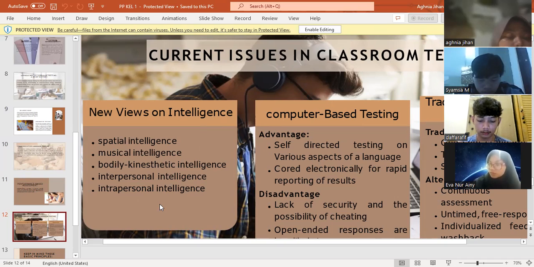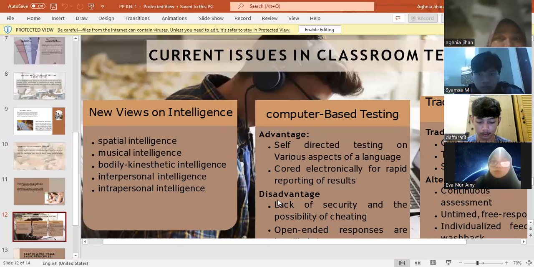Spatial intelligence, the ability to find your way around the environment and to form mental images of reality. Second, musical intelligence, the ability to perceive and create pitch and rhythmic patterns. Body kinesthetic intelligence, fine motor movements, athletic powers. Next, interpersonal intelligence, the ability to understand others and how they feel. And last, intrapersonal intelligence, the ability to understand oneself and to develop a sense of self-identity.